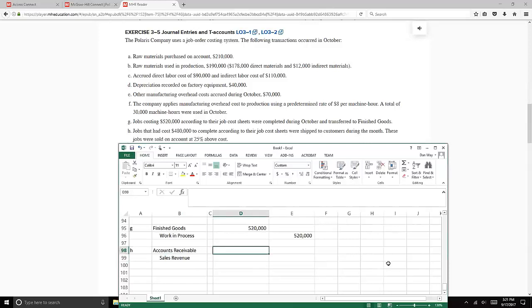Now the price is going to be our cost, $480,000, plus the 25% markup above cost. So one way to do that is to say 125% of our cost is what we're selling these things for, and that's a total of $600,000.